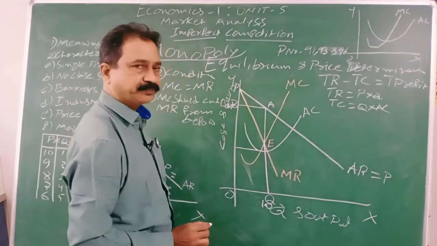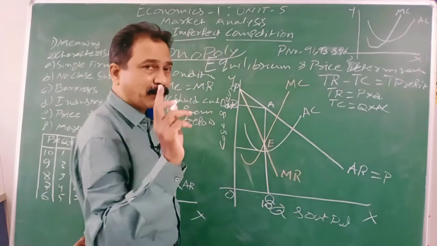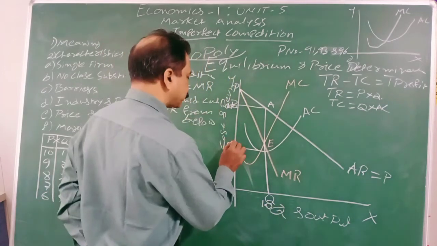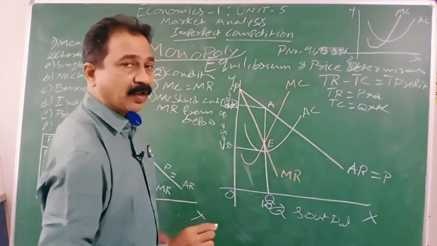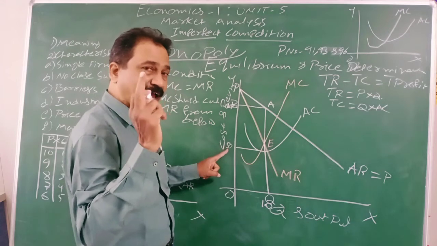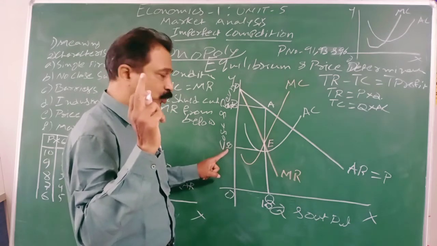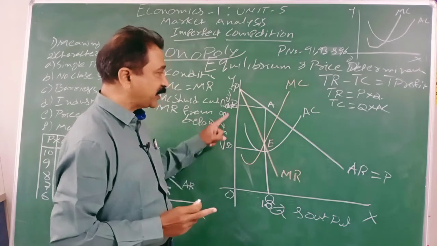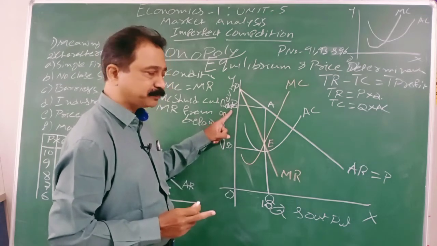Per each commodity cost is 50. The producer is spending 50 rupees to produce one commodity. Average cost means one commodity expenditure by producer, 50 rupees. But he is selling at the price of 100 rupees.